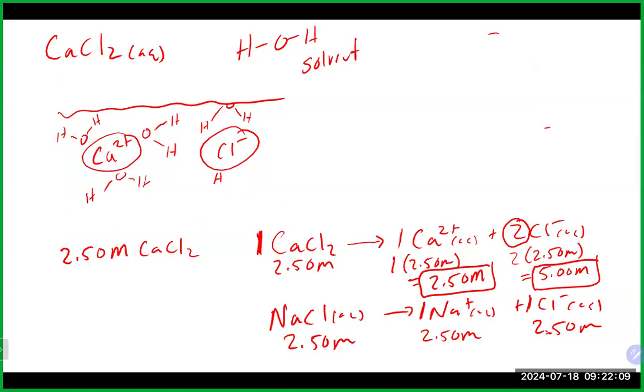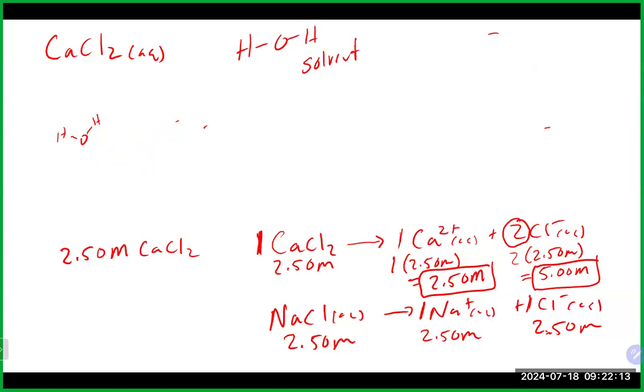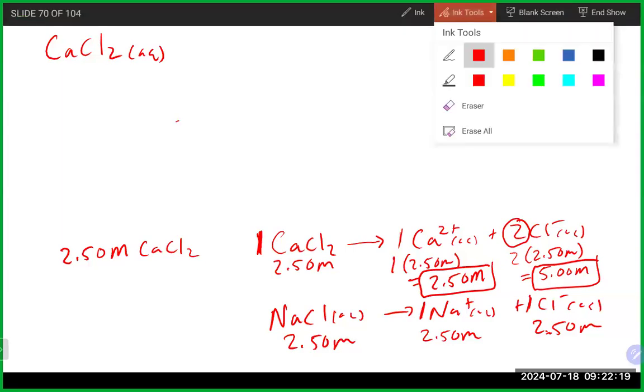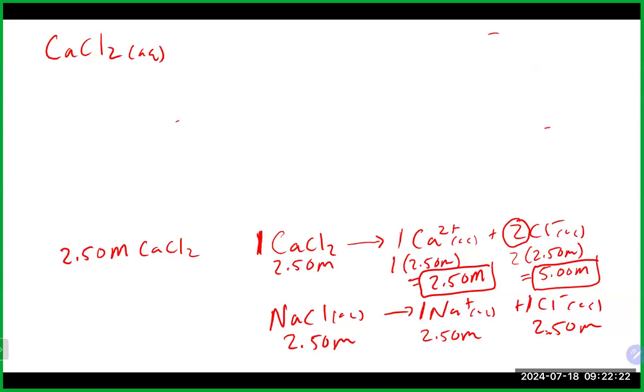The longer version of that calculation looks like this, but the shorter version is probably a quicker way to do it. For example, if we were looking at that calcium chloride, we would start with 2.50 moles of calcium chloride per liter.